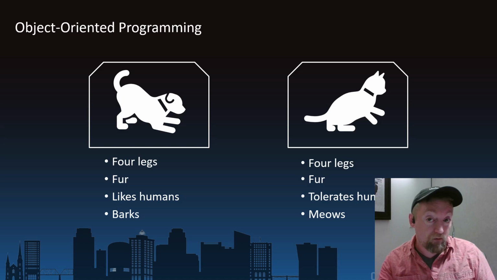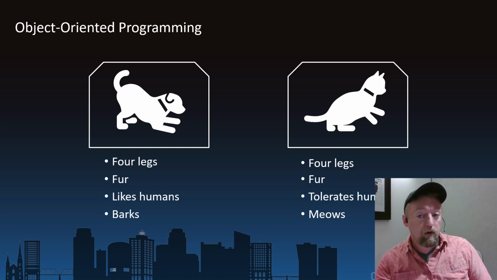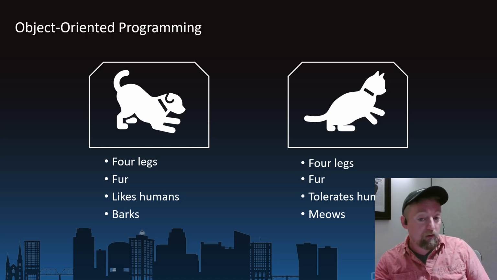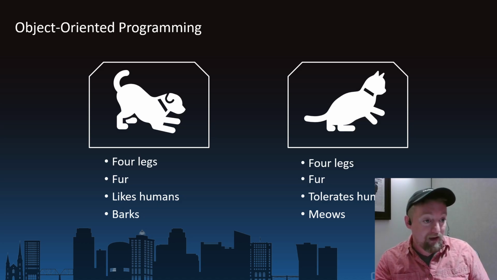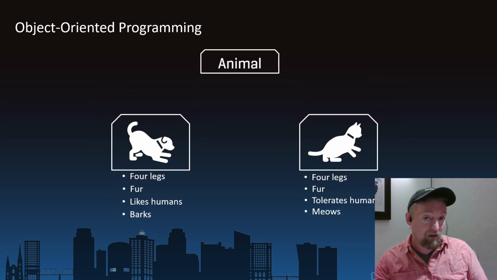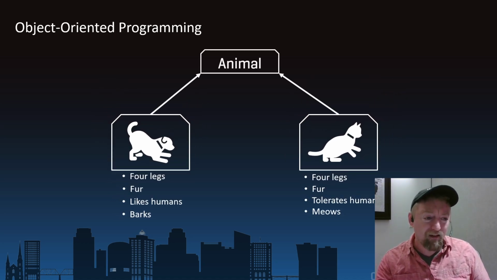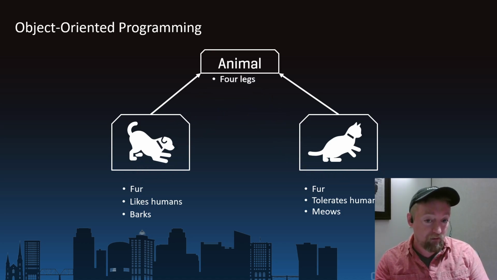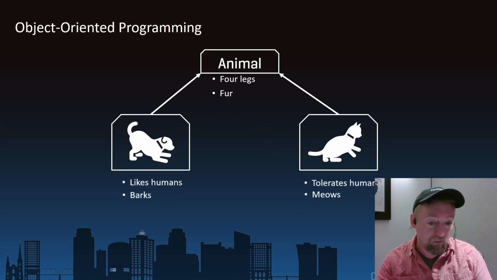Those things are just kind of assumed. In object-oriented programming, we actually do the same thing. We wouldn't go through all the effort of describing everything that constitutes a dog and everything that constitutes a cat, because we could instead just start by describing an animal and then define the cat and the dog in terms of an animal.